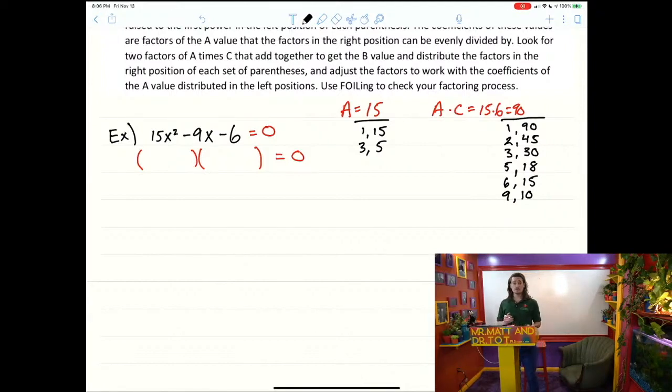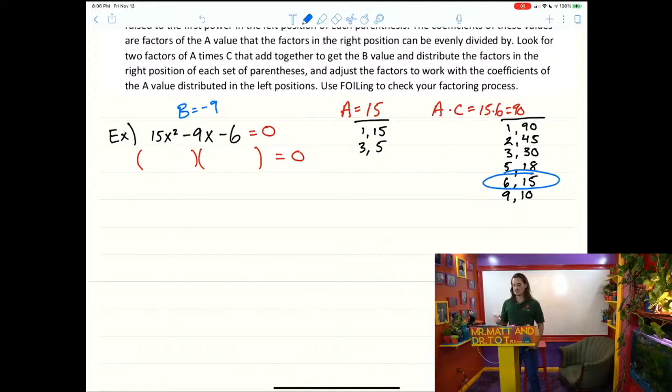So we're looking for 2 factors of A times C that add together to get B. Well, B here is -9. So notice that 6 and 15, if we had a -15 and a +6, that would add together to get a -9.